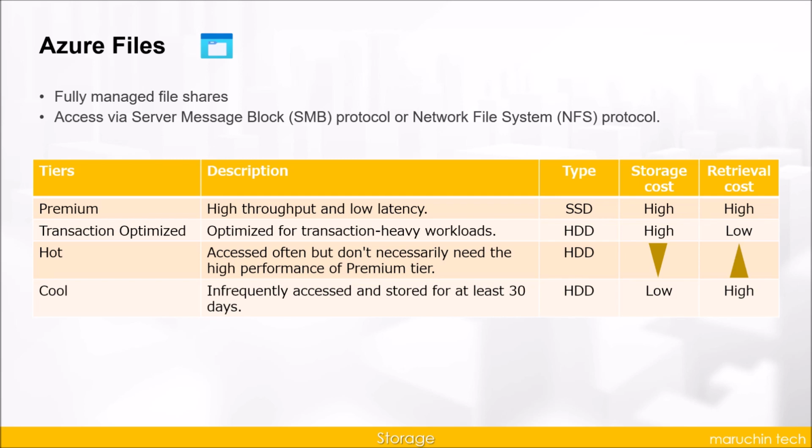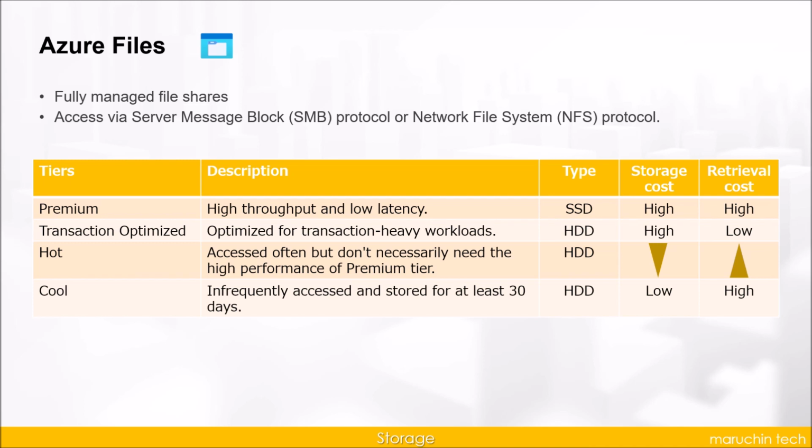And next are the file storage options. Azure Files offers fully managed file shares in the cloud that are accessible via the SMB or NFS protocols. Azure file shares can be mounted concurrently by cloud or on-premises deployments of Windows, Linux, and macOS. Azure Files also has storage tiers: Premium, Transaction Optimized, Hot, and Cool.